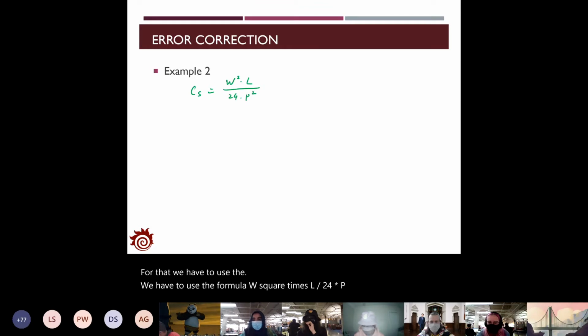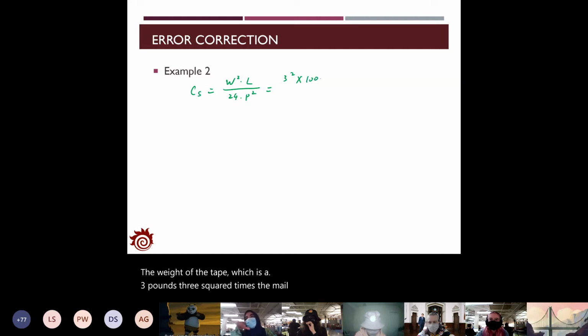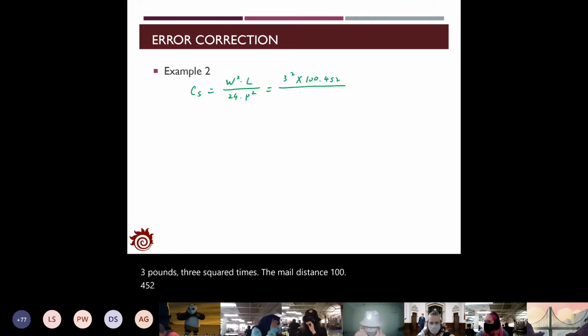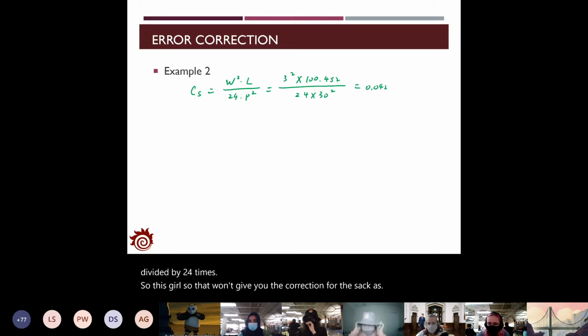We know the weight of the tape is 3 pounds, so 3 squared times the measured distance 100.452 divided by 24 times 30 squared. That gives the correction for the sag as 0.042 feet.